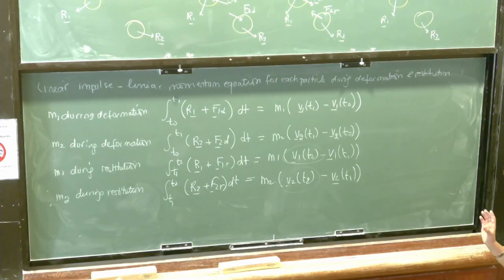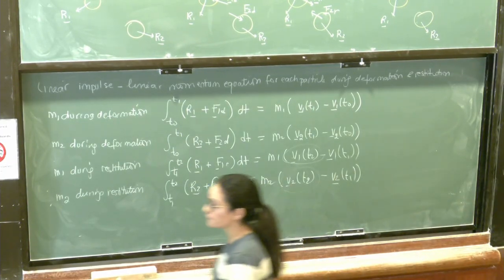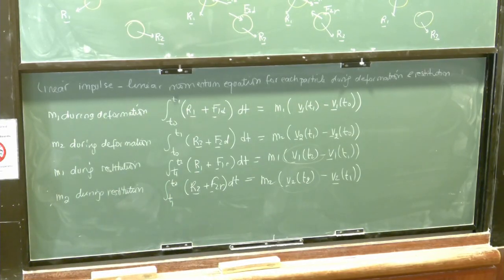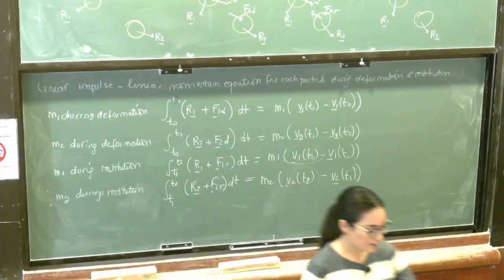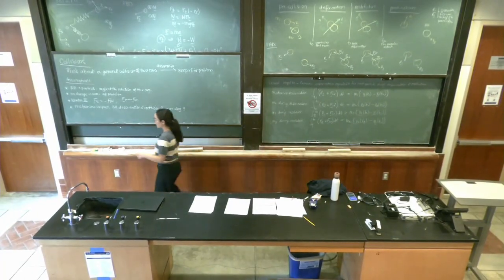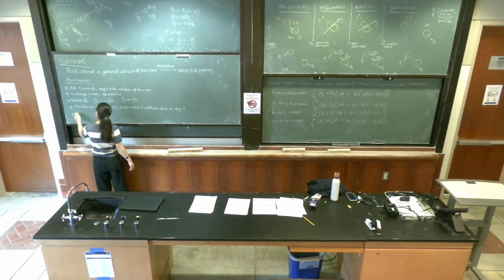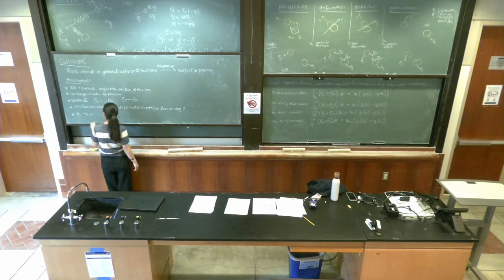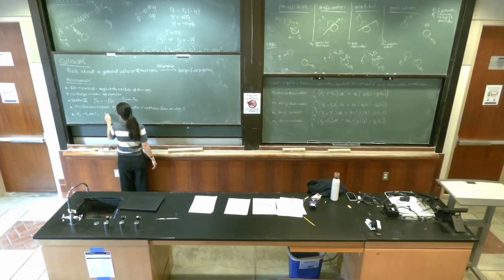T0, the deformation and the restitution intervals are very small. So T1 minus T0 is much less than 1, and T2 minus T0 is much less than 1 also.